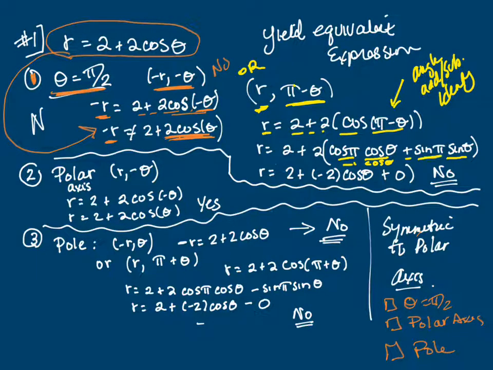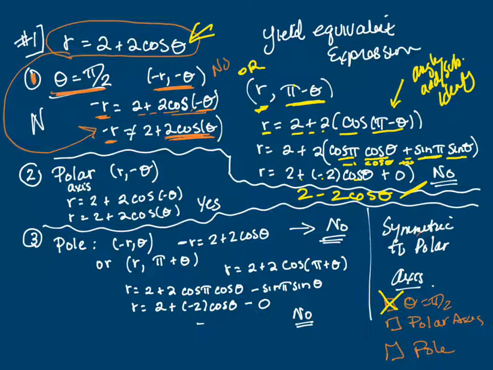And sine pi is 0, so there would be your 0. So you end up with 2 plus -2 cosine theta. So does 2 minus 2 cosine theta match the original problem? And the answer is no, it does not. So we know that it's not symmetric to theta equals pi over 2, so we can cross that one off.